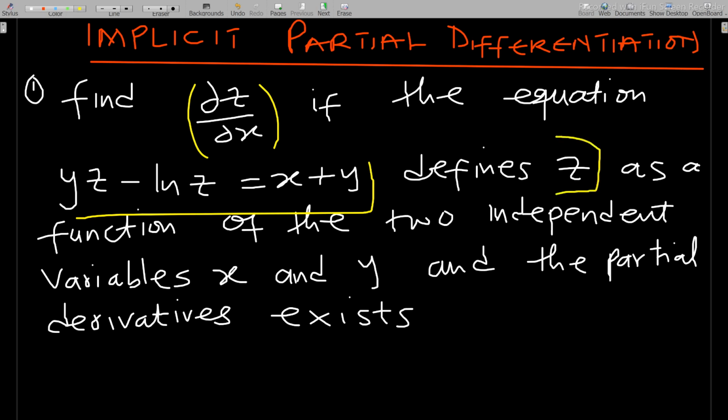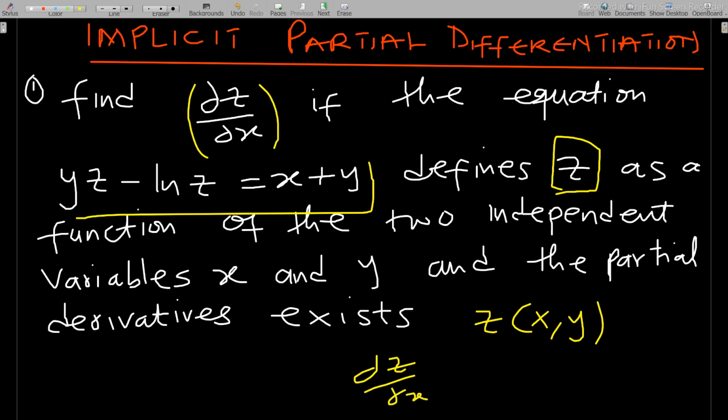This is very important: z as a function of the two independent variables x and y, and the partial derivatives exist. What this simply means is that z is a function of both x and y, and inside this equation I'm supposed to find del z del x.